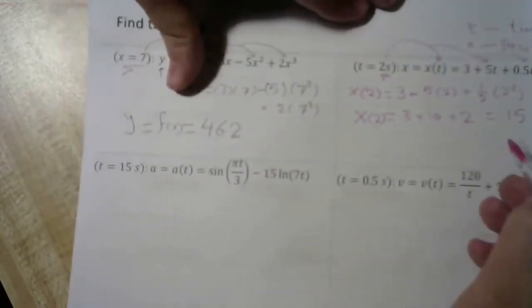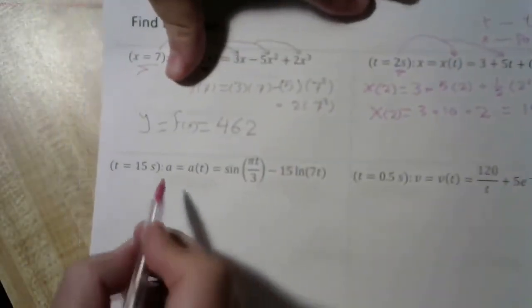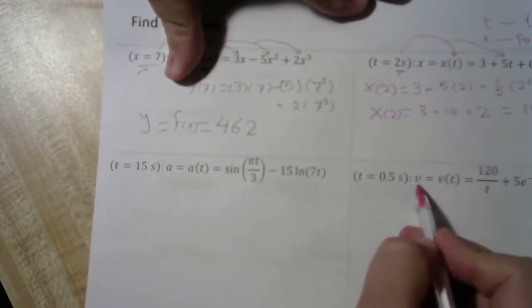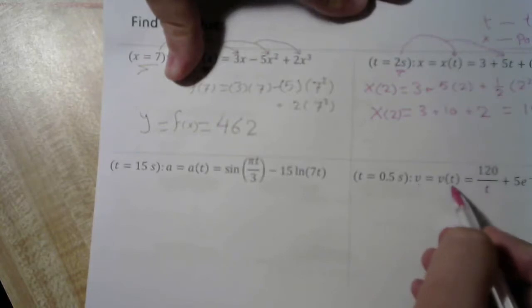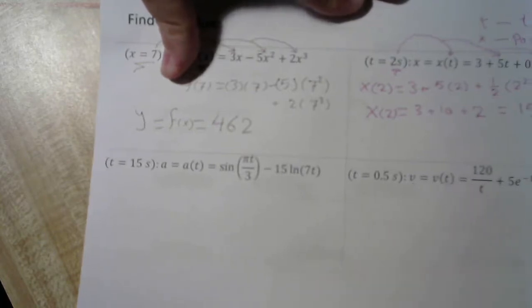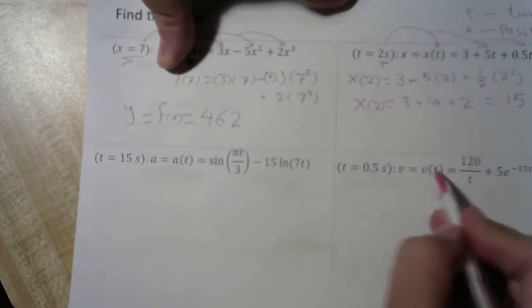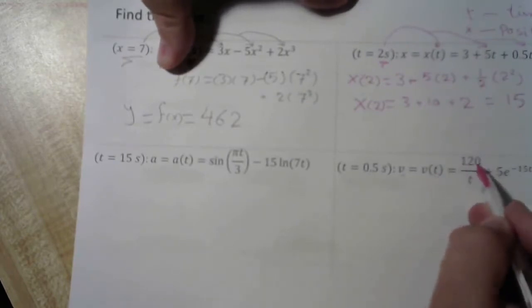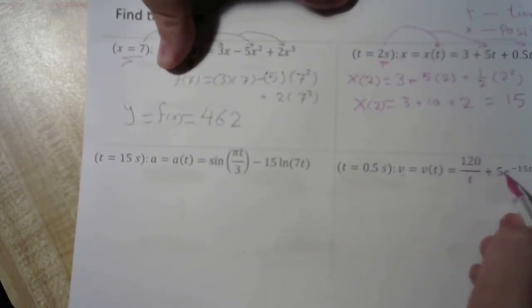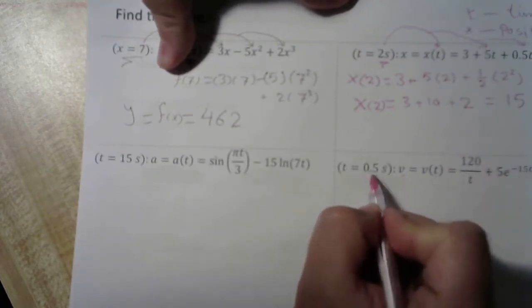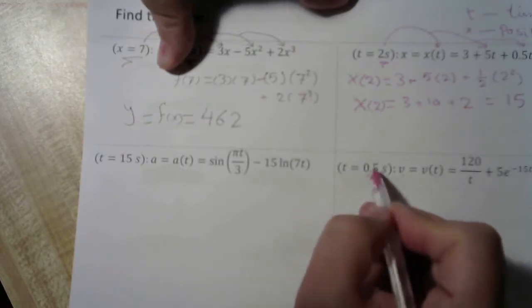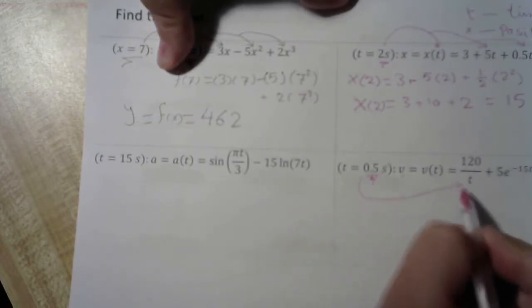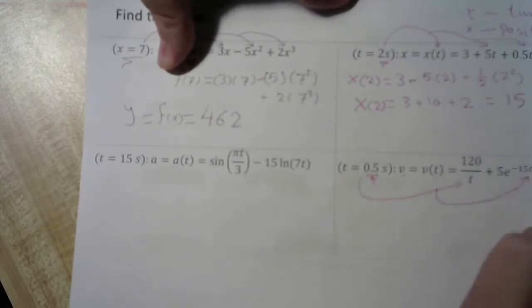I can apply that for the velocity. I can use velocity as a function of time, and I can use any function that I need. Look at this, 120 over t plus 5 exponential minus 15t, and I need the value at t equal half. Just put half in t.